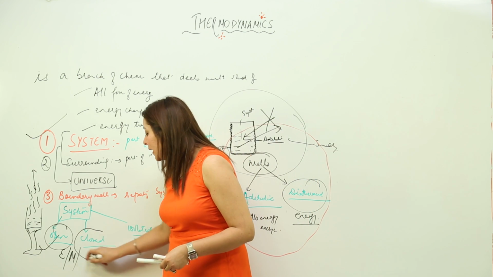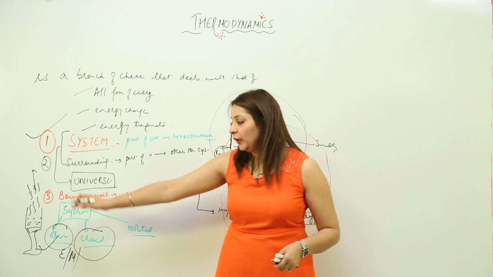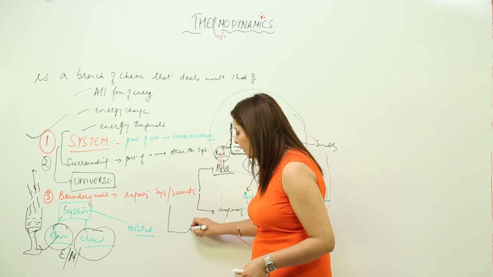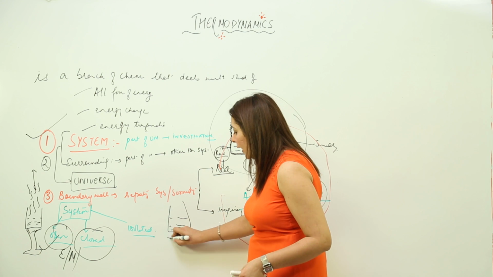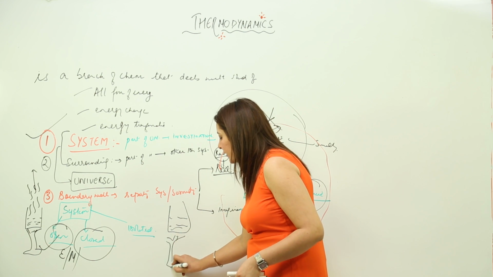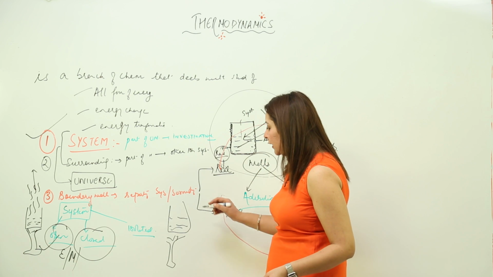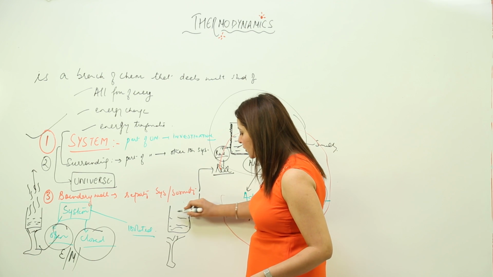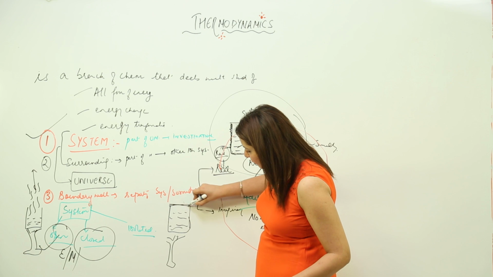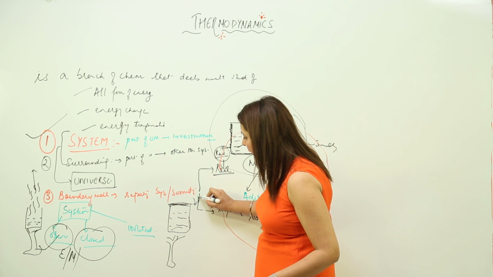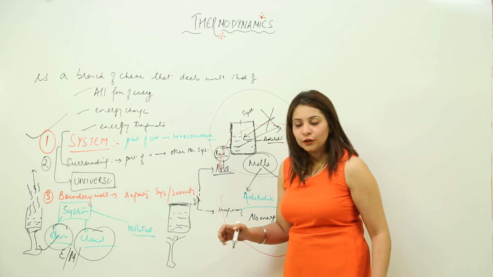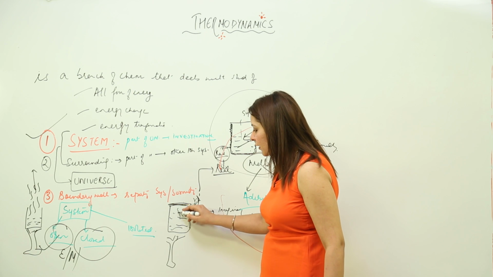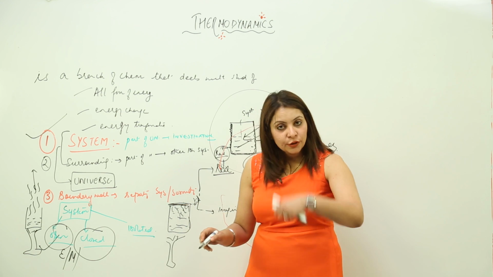Now, what is the closed system? Again, I am going to heat a flask. Suppose I have a container with water in it and I am heating it. What I am doing is closing the upper surface with a lid. This is my lid, and I am heating it. So the vapors are rising, but they are not allowed to diffuse outside.